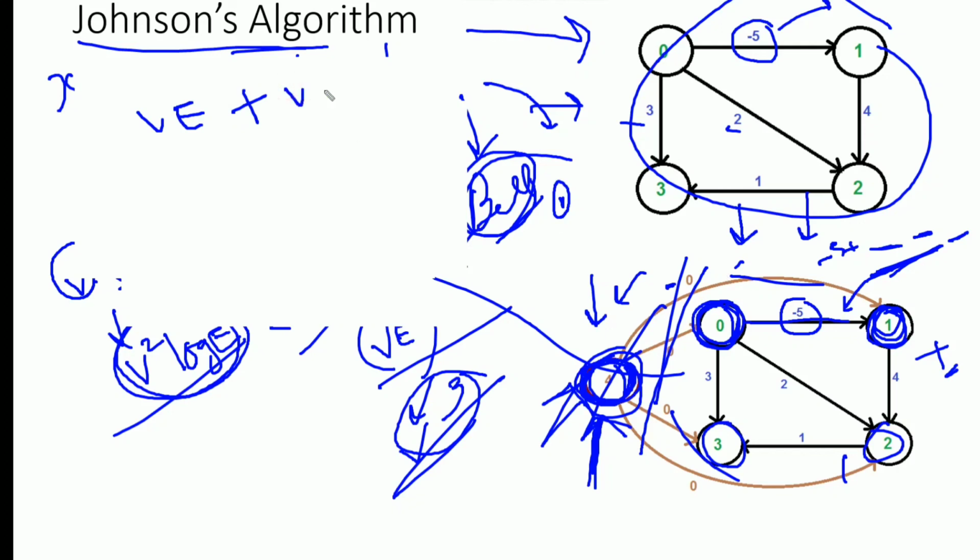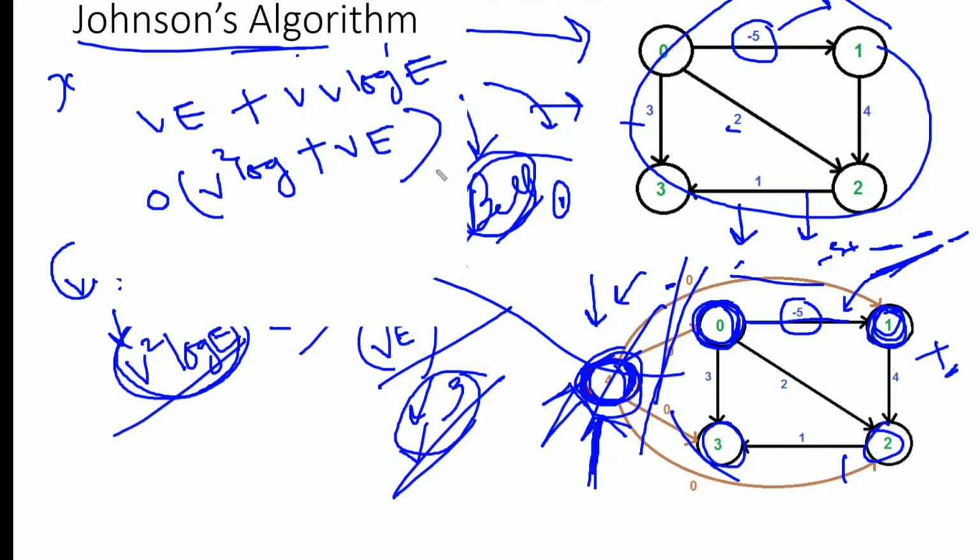There are V vertices and Dijkstra algorithm time complexity is O(E log V). So the total time complexity is big O of V square log V plus VE. From V cube, it has been reduced to this time complexity. It means that Johnson's algorithm is quite good as compared to Floyd-Warshall algorithm. So this is all about Johnson's algorithm.